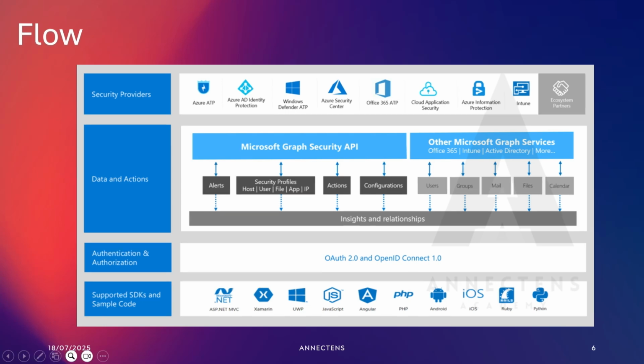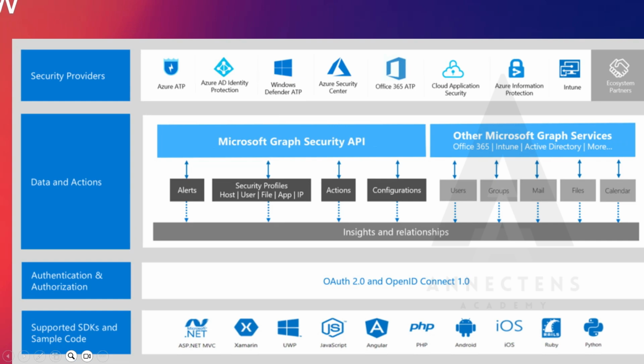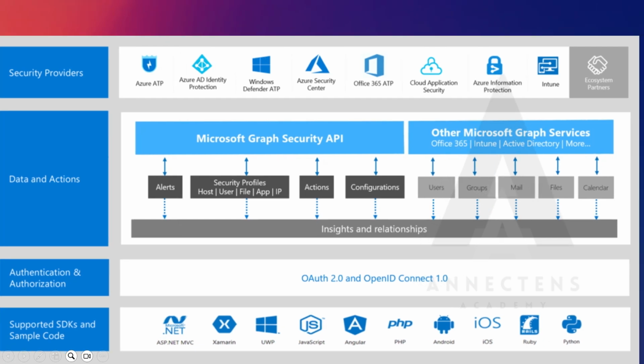So for example, this is your entire picture. These are the security providers, which can also be accessed through your Graph API. From the data and action perspective, there is a Microsoft Graph Security API layer.